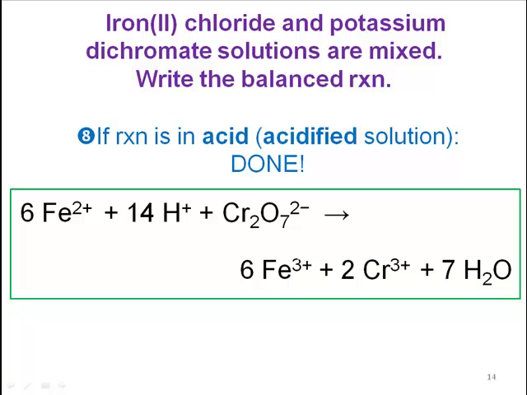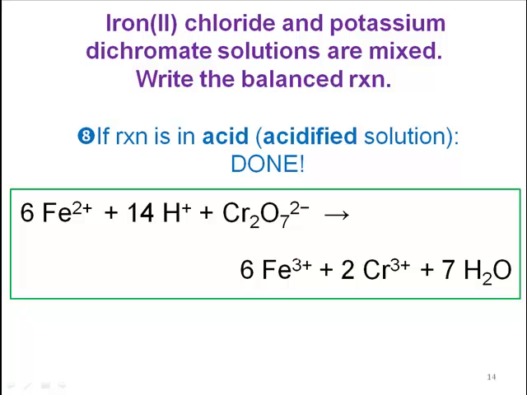Now, the other way you can know if it's acidic or basic, how could we test whether something was in an acid or base? How would we know if something was acidic or basic? The amount of H's, right. How do we test the amount of H's? You can count them. Good work.